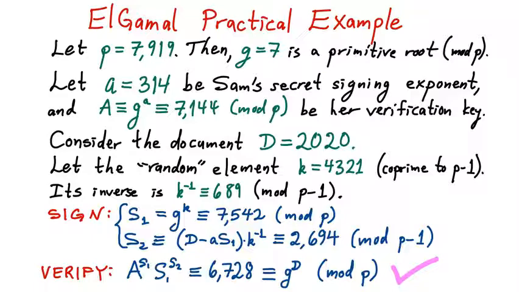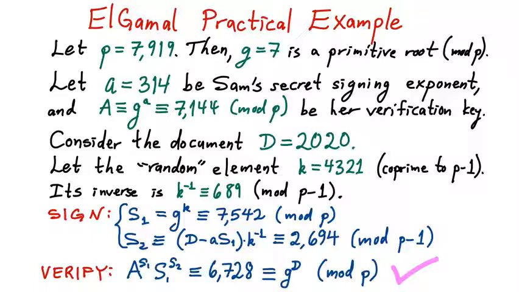And let's consider the secret signing exponent of Samantha's to be little a equals 314. Every mathematician's favorite secret. And therefore, the public verification key, capital A, is obtained by raising 7 to the 314 modulo p. So you get 7,144. That's the verification key.